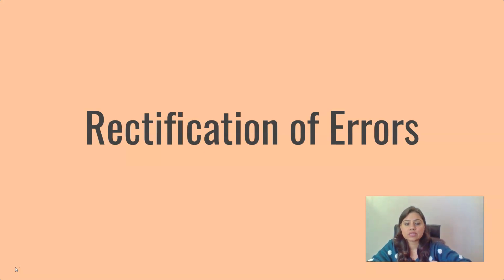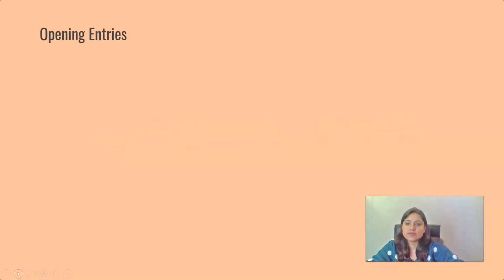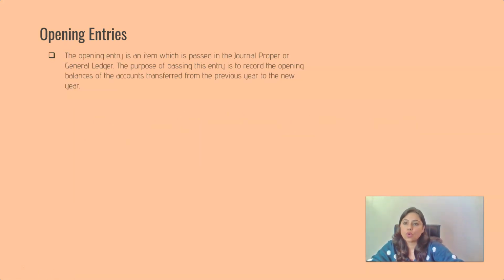So before we start off with the topic, let us first understand what opening and closing entries are. The opening entry is an item which is passed in the journal or the general ledger.